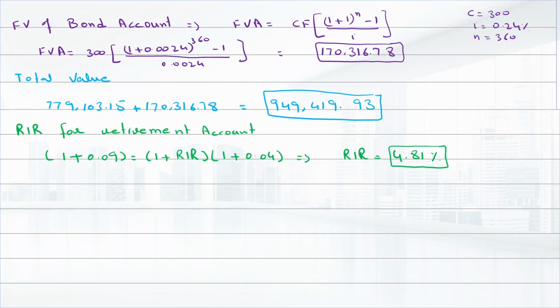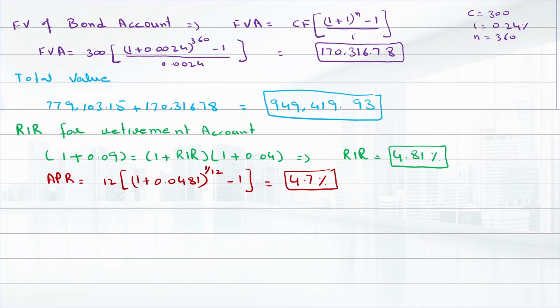After finding the real interest rate, we will find the APR: 12 times (1 plus effective annual rate 0.0481) raised to the power 1 by 12 minus 1, and that is equal to 4.7%.